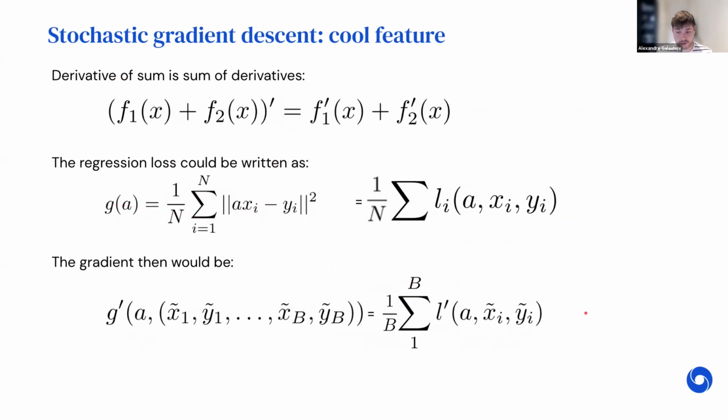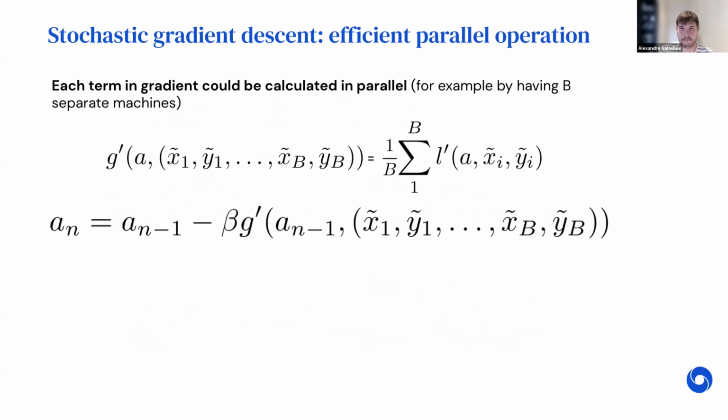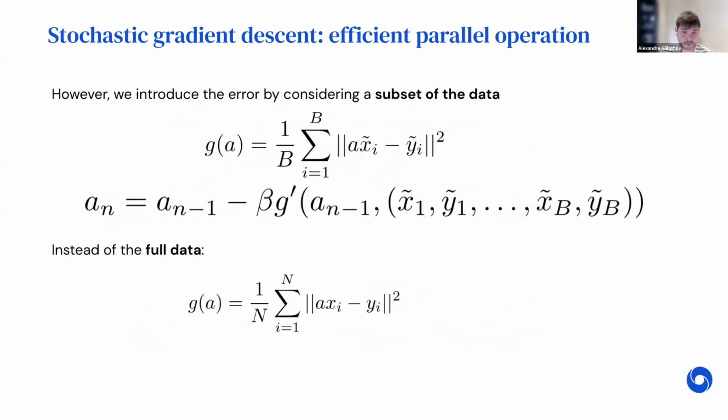So in practice on your machine, you can calculate the gradient for every term in parallel. If you have, say, B machines, you can calculate all those things at the same time and then just sum them up, which is basically what happens on GPUs. Voila. This is why stochastic gradient descent works quite well generally: it's easy to parallelize and cheap to calculate.